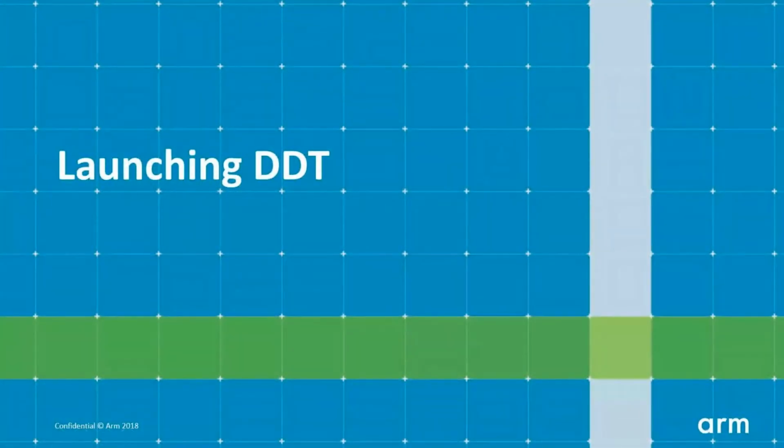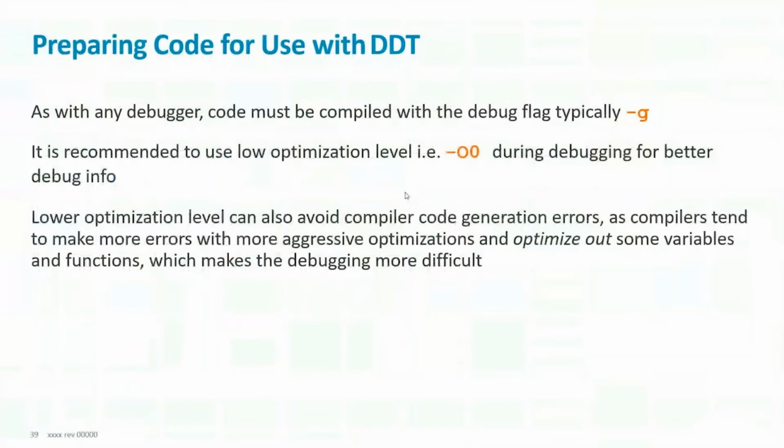Going over to how to launch, it's possible both ways. So you can launch from the GUI from within your operating system, or you can also go with the simple command line flags, where we tend to go with lower optimization flags, O naught.